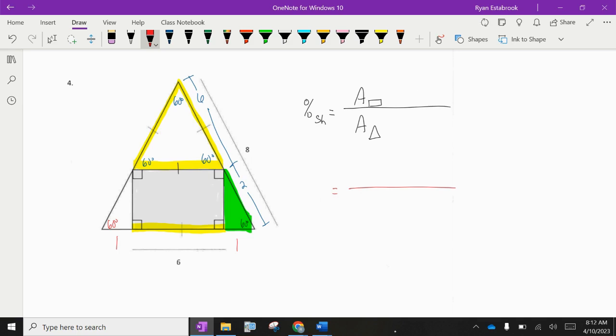So if the short leg is 1, you need to go to the long leg in the 30, 60, 90, which means you're getting bigger. You multiply by √3. Then you can start finding the areas for those different shapes.